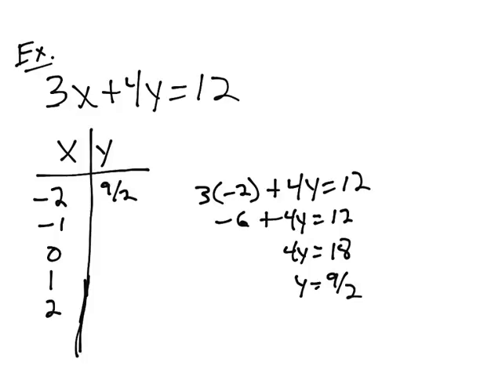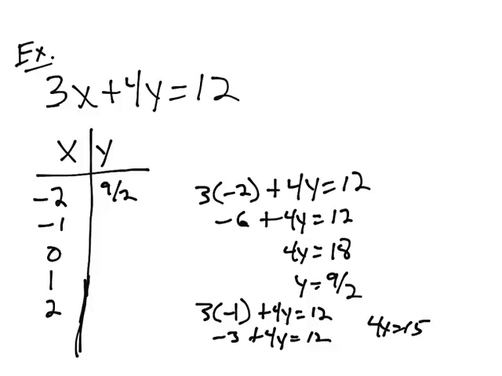Not a nice point, but a point. Similarly, if we plug in -1, 3 times -1 plus 4y equals 12, we'd have 4y equals 15, so y equals 15 over 4. If you plug in x equals 0, you get y equals 3.